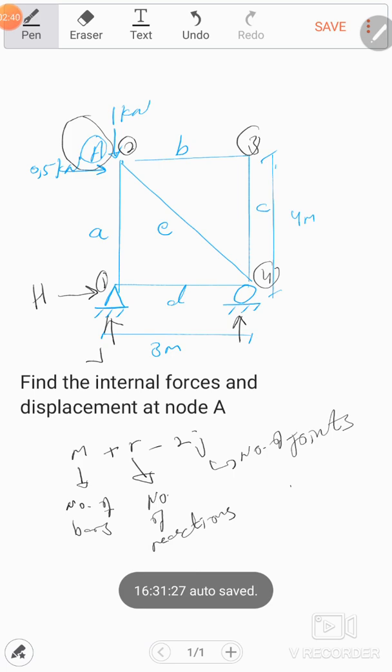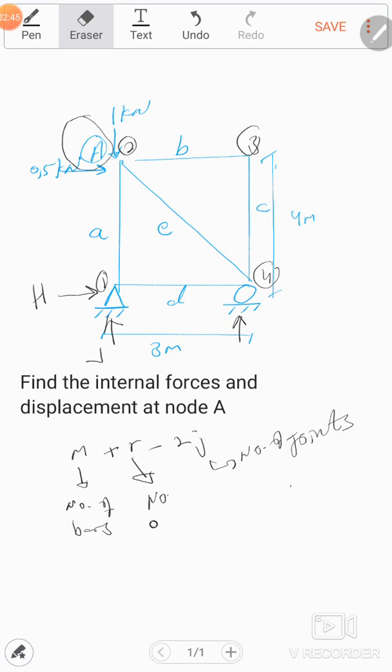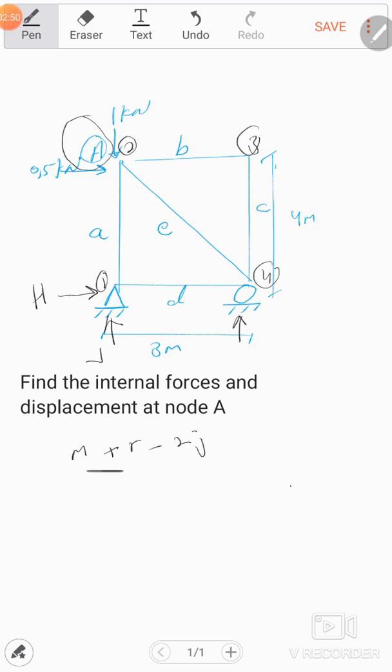So now I can check: m is 5, because we have 5 members, plus r is 3. The reactions are H1 and V1, and we have V2, so 3 reactions, minus 2 times the joints, we have 4.